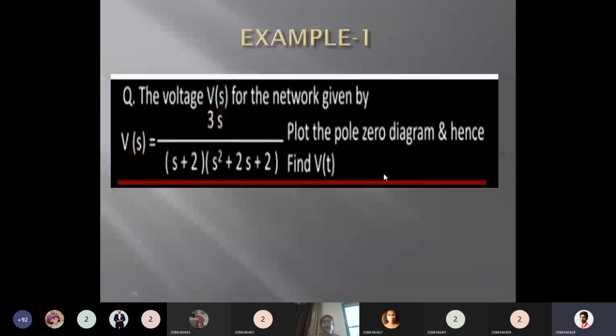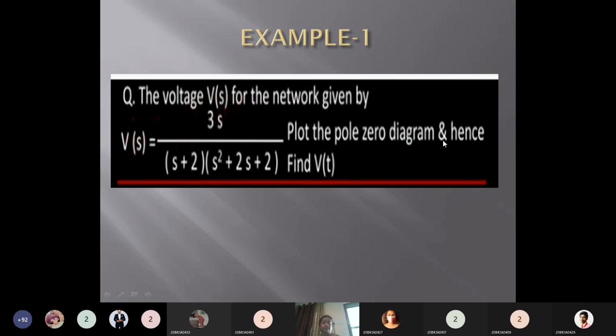Let us see the next problem. Let us note down this problem first, all of you. We'll work out this problem here. The voltage V of S for the network is given by V of S equals 3S divided by S plus 2 into S square plus 2S plus 2. This function is given in the Laplace transform. Please all of you enter it in your notebooks.